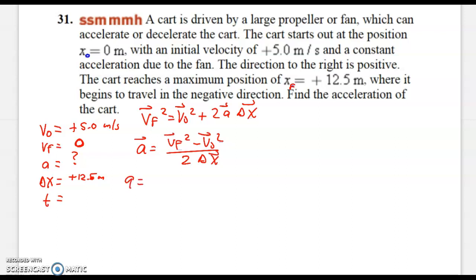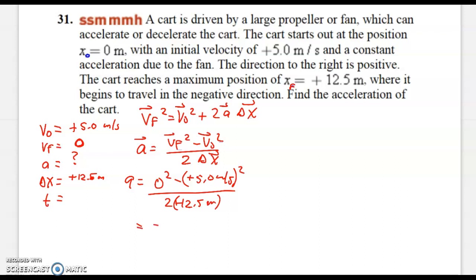So this looks like a 0 squared minus a positive 5 meters per second quantity squared divided by 2 times 12.5, positive 12.5 meters. So what do I have there?